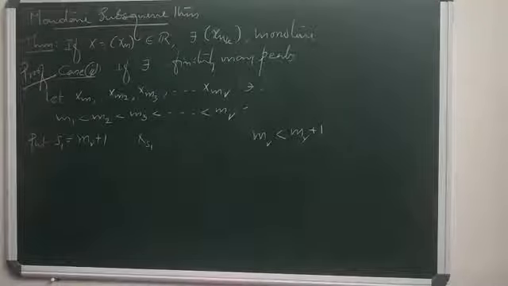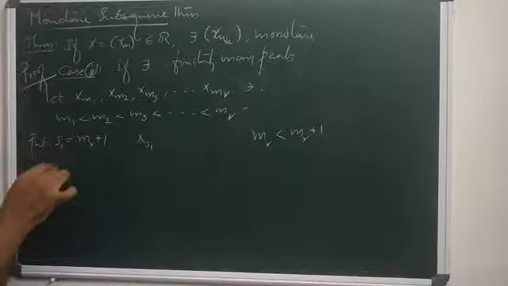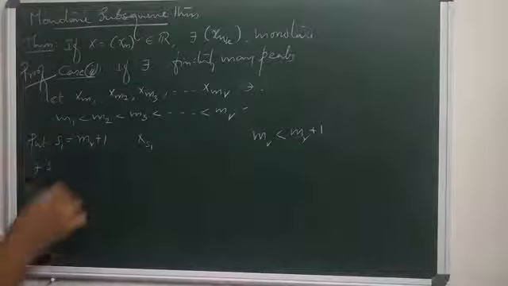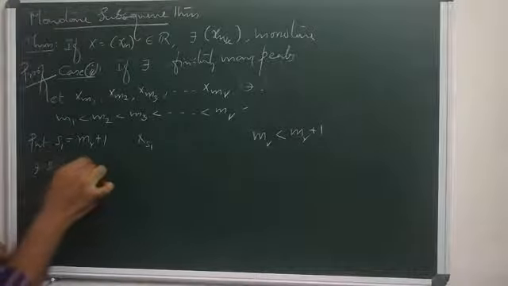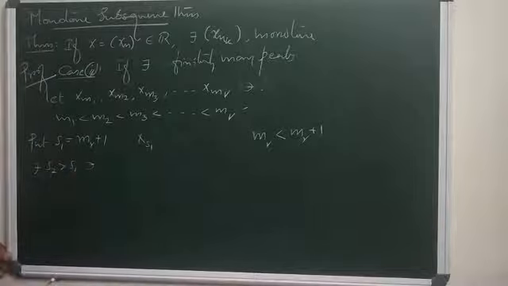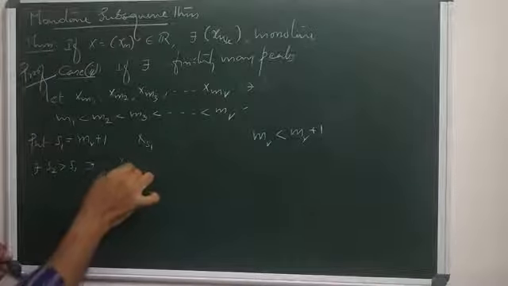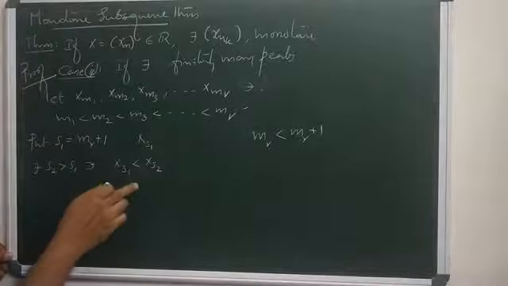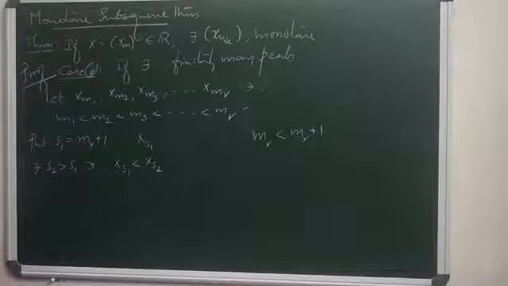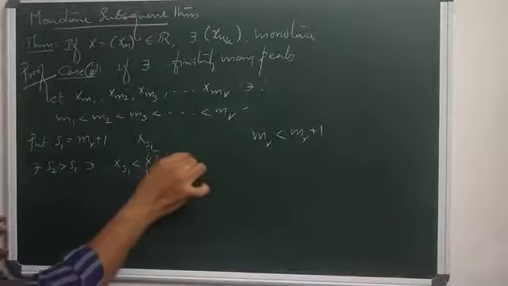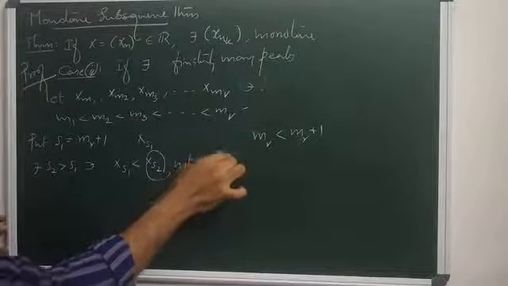Thus there exists some s2 greater than s1 such that xs1 is less than xs2, and then clearly xs2 is not a peak.